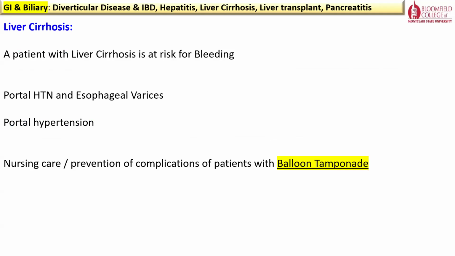Also, remember that a patient with liver cirrhosis will be at risk for bleeding due to the decreased production of clotting factors. So the elevated PT and INR and elevated APTT are all indications of clotting disturbances, and that may alert the nurse to the increased risk for bleeding.